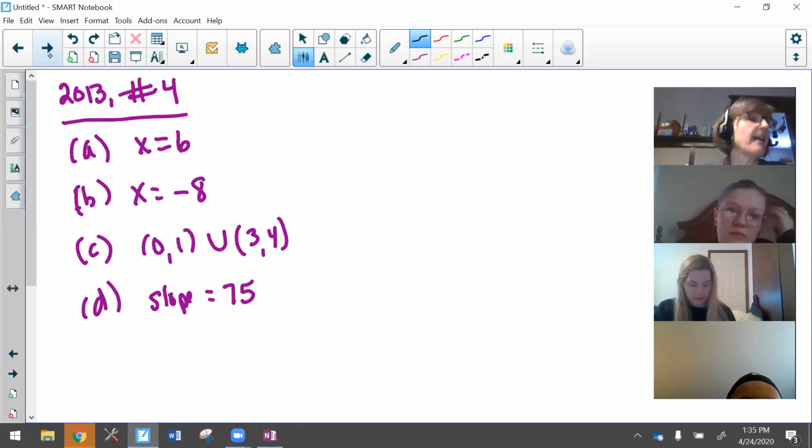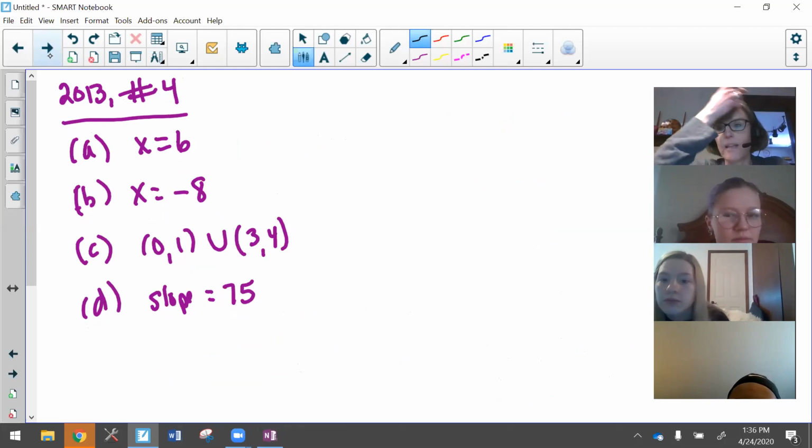All right, then the actual homework was 2013 number 4, which had the swoopy curve. So if you want to check your answers to that, and then we can go over anything there.